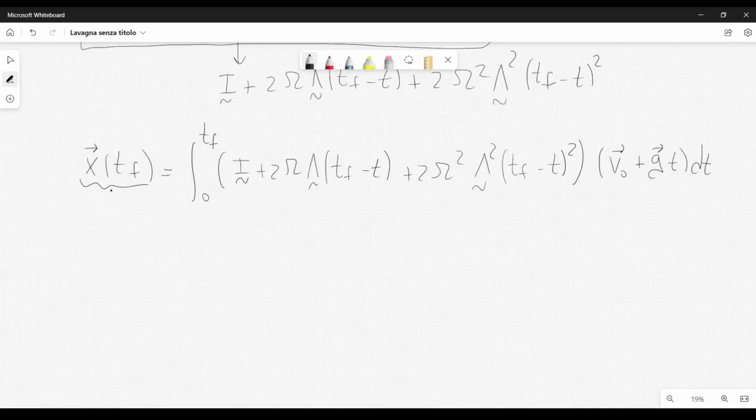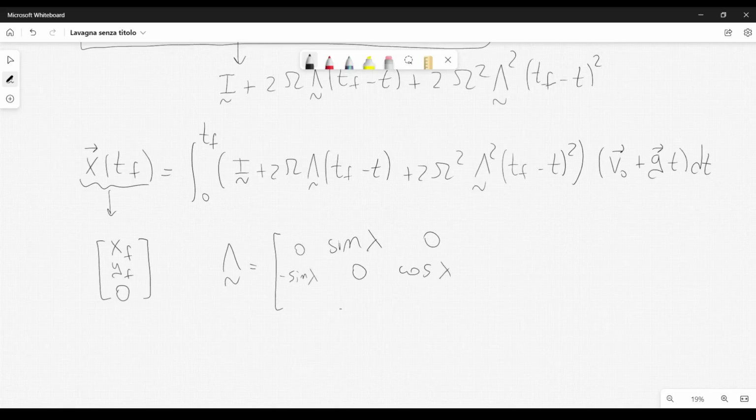Now, x of tf can be written like this. We have two components, let's call them xf, yf, but the third component is 0. Also remember lambda. Lambda is this matrix: 0, sine lambda, 0, minus sine lambda, 0, cosine lambda, minus cosine lambda, 0, 0.